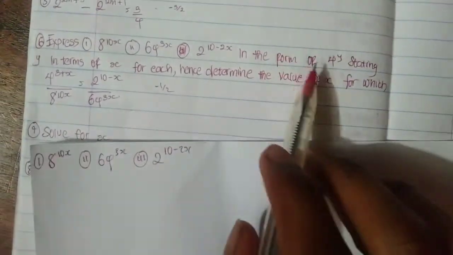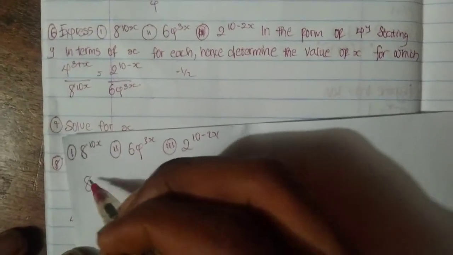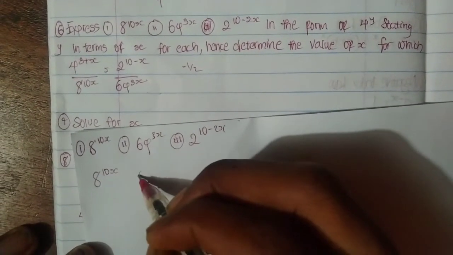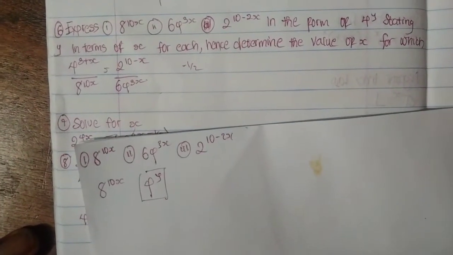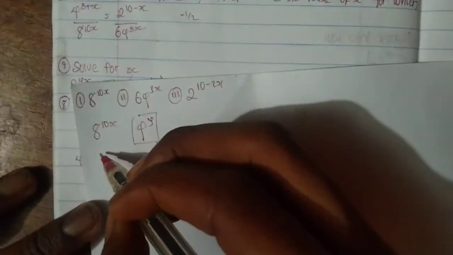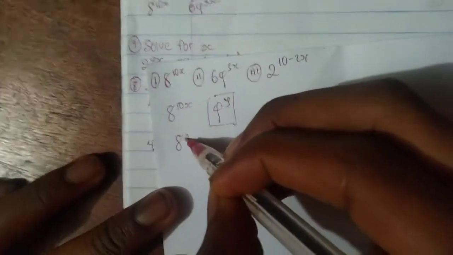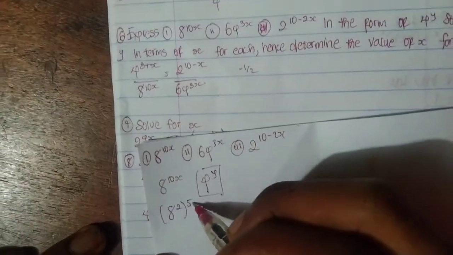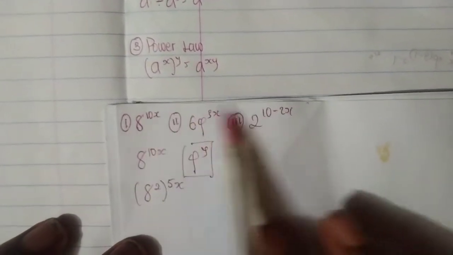They say we should write it in the form of 4 to the power of y. So how can we make 8 to the power of 10x look like 4 to the power of y? We can factorize out 5x by writing 8 to the power of 2 bracket 5x, similar to the power law we did.